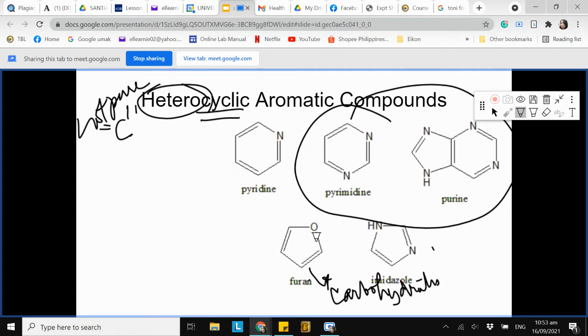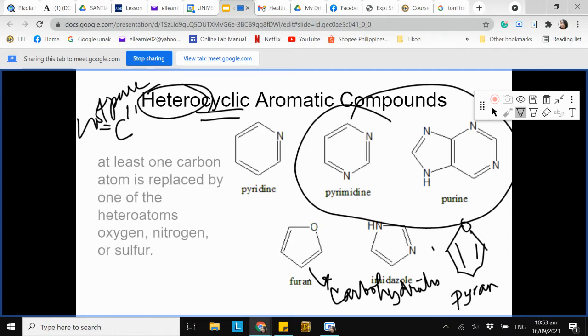Kulang pa yan eh. You have also pyran. So that is for pyran. One of those carbons inside the chain is no longer included, but instead we have different elements. So those are heterocyclic aromatic compounds.